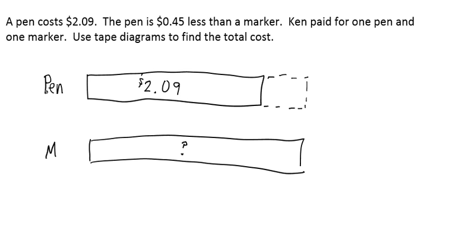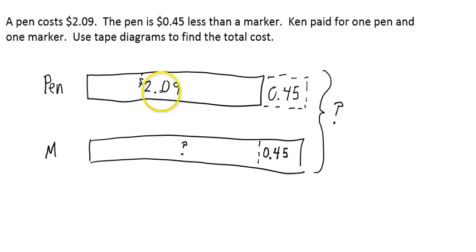So this section of my marker I know is 45 cents because the pen is 45 cents less than the cost of the marker. The final question though is how much did Ken pay altogether? So I still have two things to figure out. I need to figure out the price of the marker, and then I need to add my two figures together.